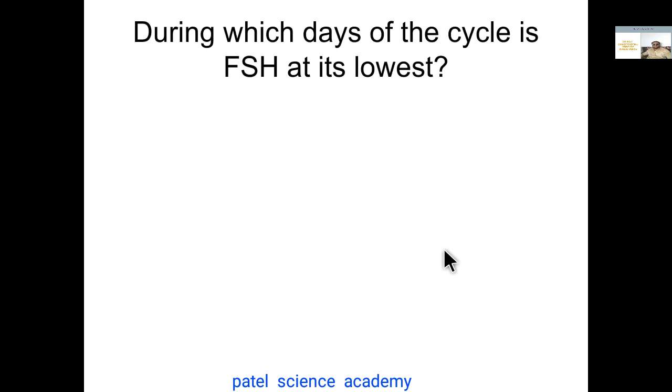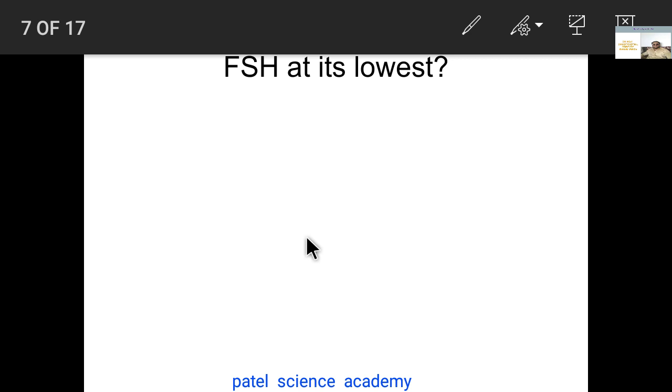Now we'll see some other points during this menstruation or menstrual cycle. During which days of the cycle is FSH, that is follicle stimulating hormone, at its lowest level? So during this whole menstrual cycle, on which day is the follicle stimulating hormone level low?